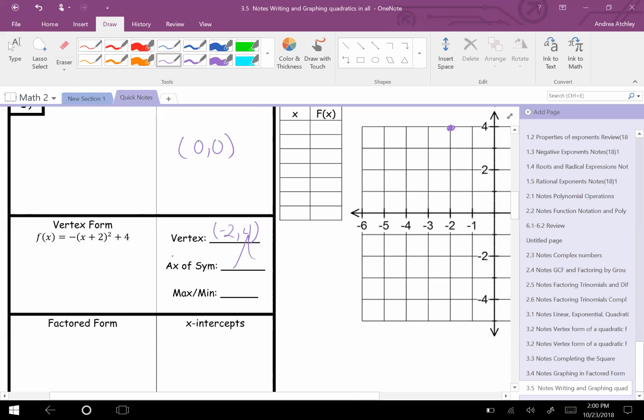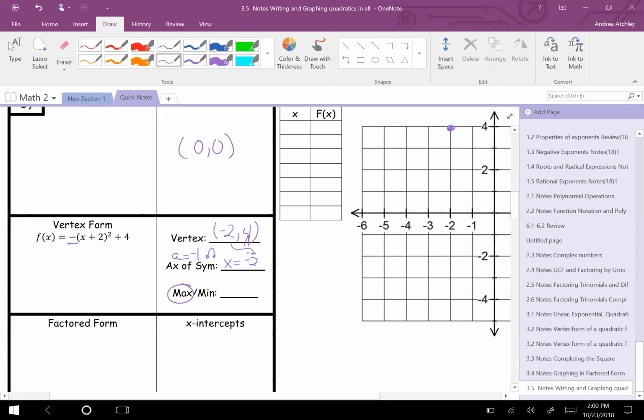So my a value should be a -1. That should tell me my parabola faces down. So my vertex is a maximum. And my axis of symmetry is at x equals -2. Remember, it's the same value as my x value in my vertex.